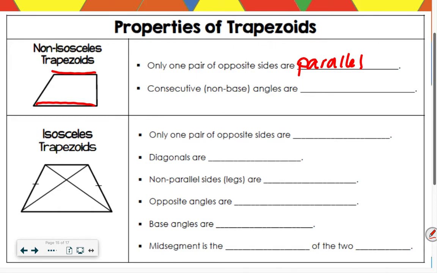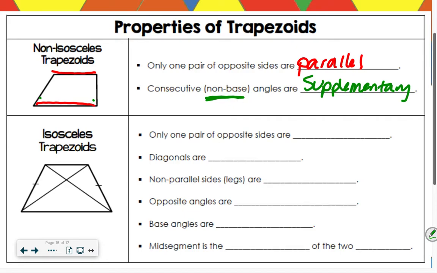Okay? The other thing when we talk about trapezoids is our consecutive non-base angles are supplementary. We're used to our opposite angles being supplementary. These are consecutive non-base angles that are supplementary. What that means, like these are our base angles, okay?